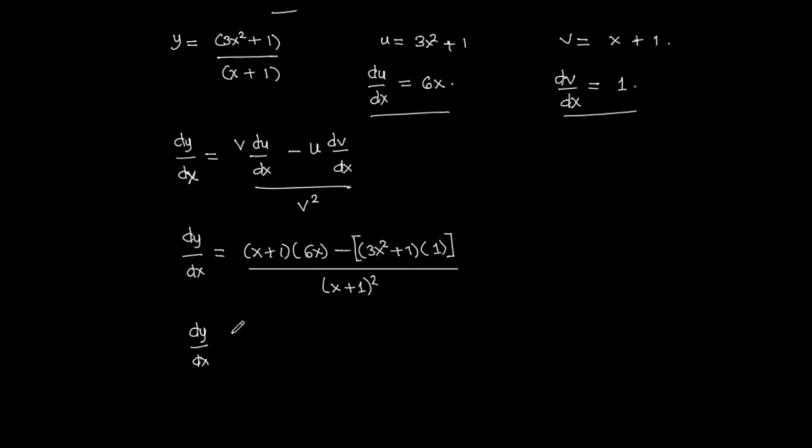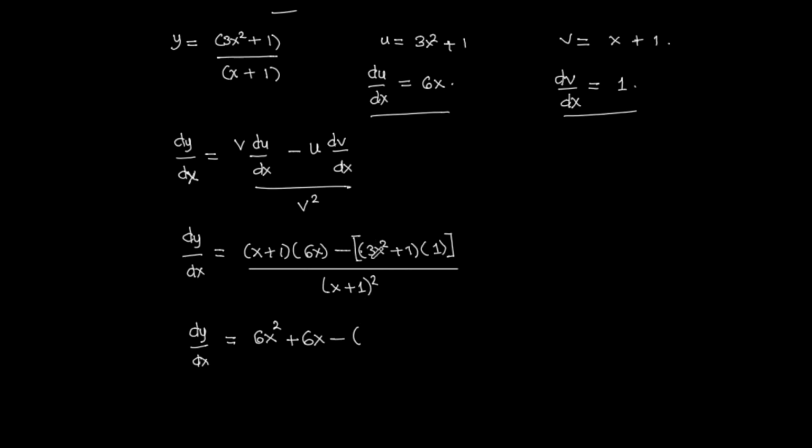So we have dy by dx on the left hand side equals, we can open up this bracket, multiplying 6x by x to yield 6x squared, and then 6x times 1 we get plus 6x. Then we go on to the next side here where we have minus.